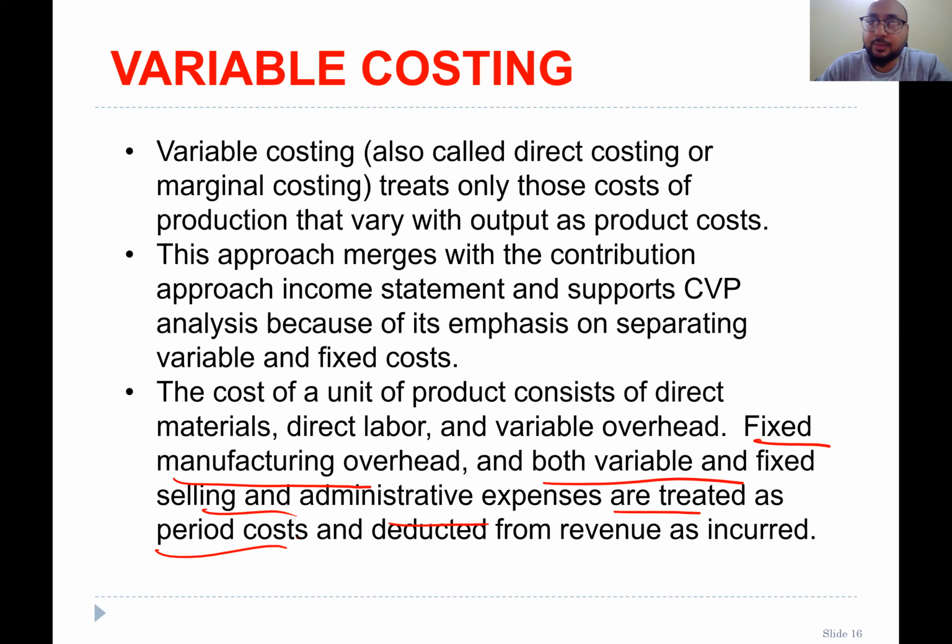So that is the difference between variable costing and absorption costing. So which cost is higher, variable costing or absorption costing? Of course, absorption costing will be higher. Why? Because it does include fixed manufacturing overhead as well. So here our analysis and profitability changes. Let's just see that.